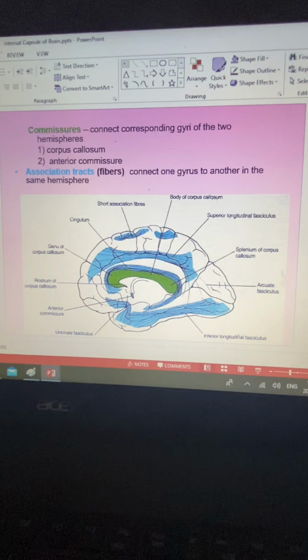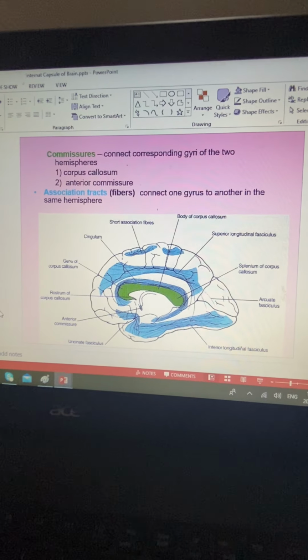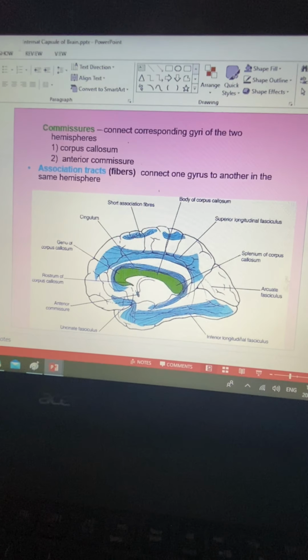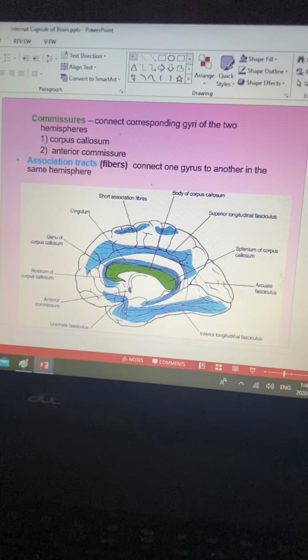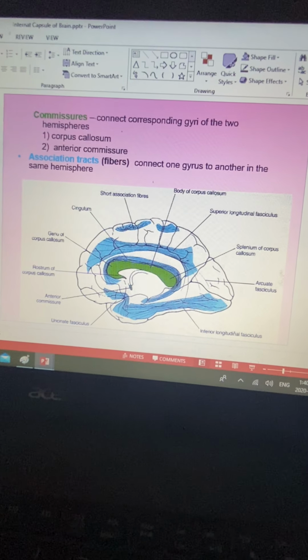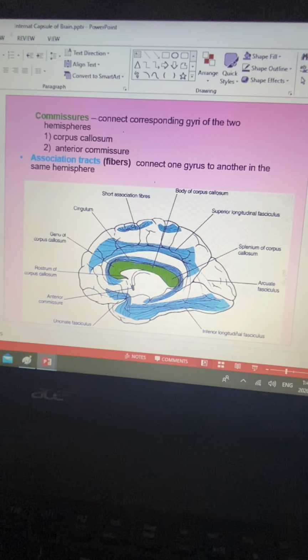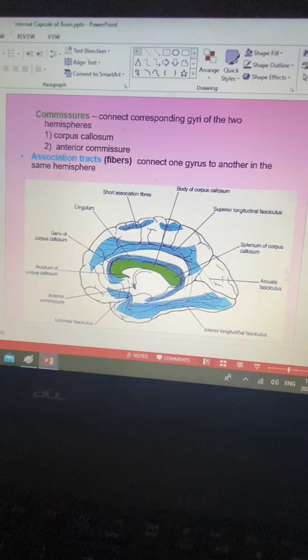The uncinate fasciculus connects the temporal pole to the motor speech area and to the orbital cortex, while the cingulum connects the cingulate gyrus to the parahippocampal gyrus, seen on the medial surface.